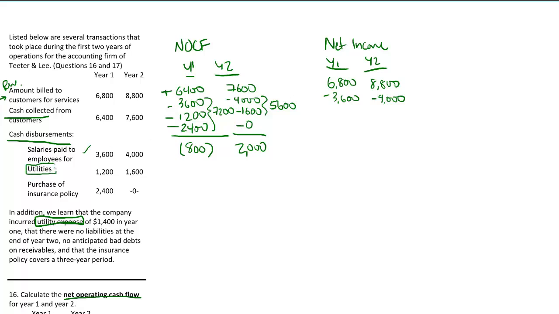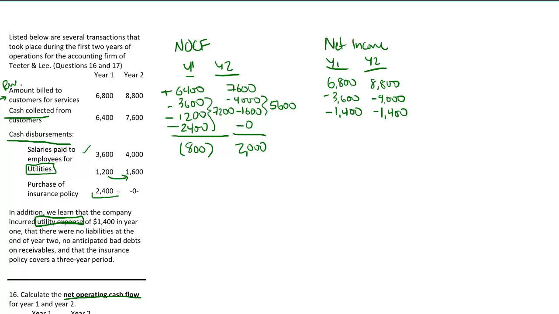Our utilities are what we care about. So of this 1,200 that we paid in cash, we actually had 1,400 that were billed. So our expenses are going to be 1,400 in year 1, and that difference of 200 is added here, so we actually have 1,400 again in year 2.